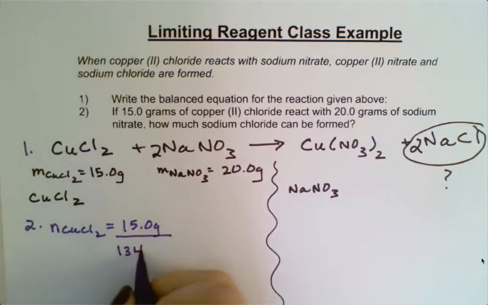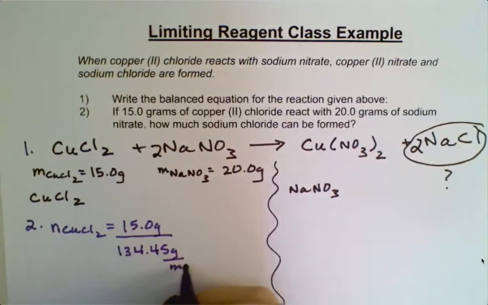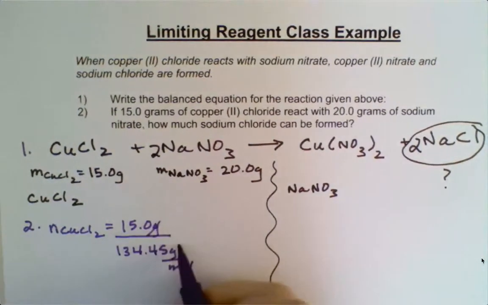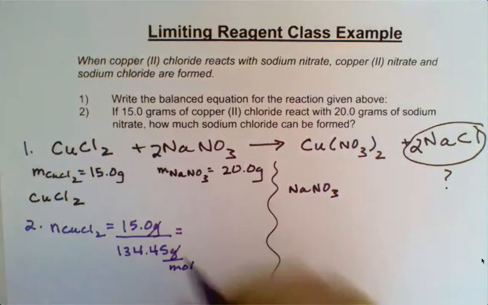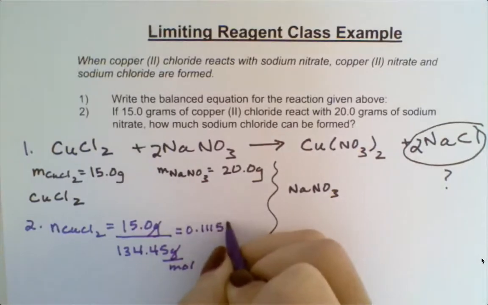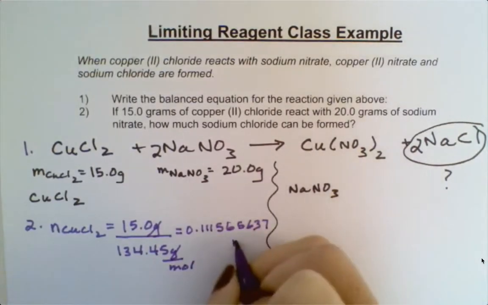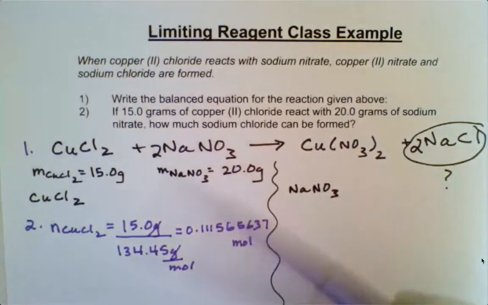And what I did was I already looked up the molar mass of copper 2 chloride, and it's 134.45 grams. When I put that into my calculator, I end up getting 0.111565637. Now, I do not want to do any rounding at this point because I'm still in the middle of my calculation.